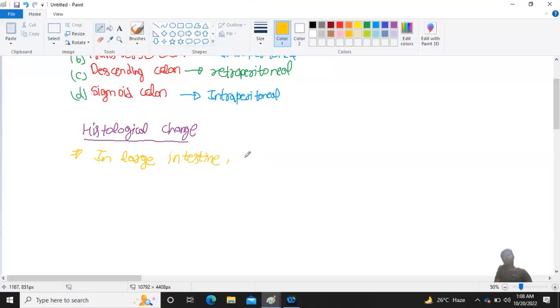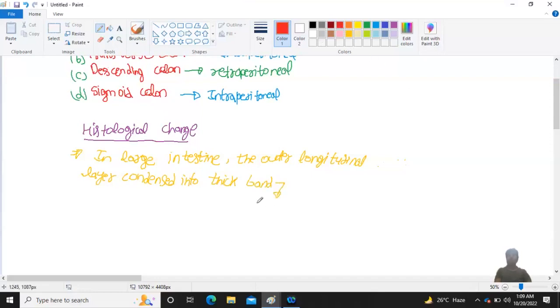In the large intestine, the outer longitudinal layer is condensed into thick bands, and these bands are called tinea coli.